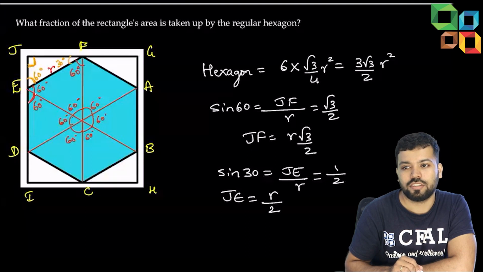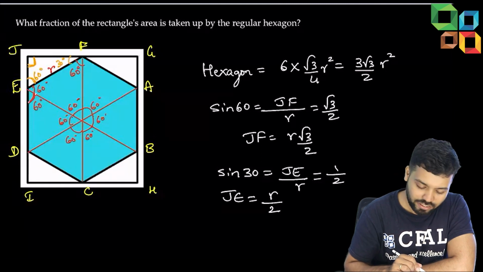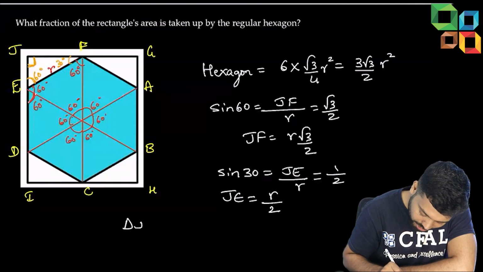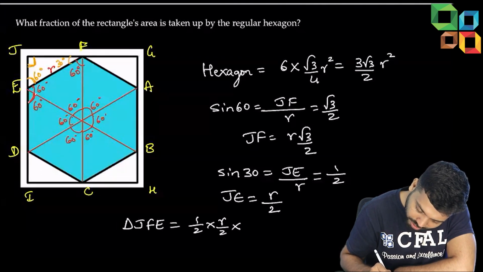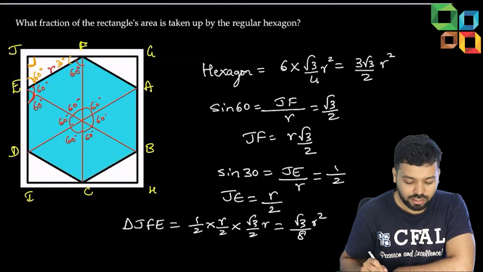Any doubts here till now, students? Medha? Is it clear? Okay. So area of triangle JFE is half into R by 2 into √3 by 2 R, which is nothing but √3 by 8 R square.